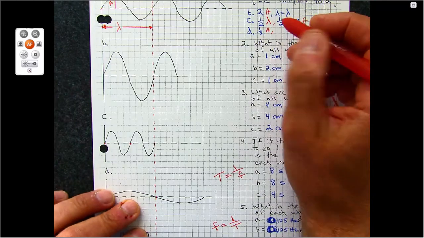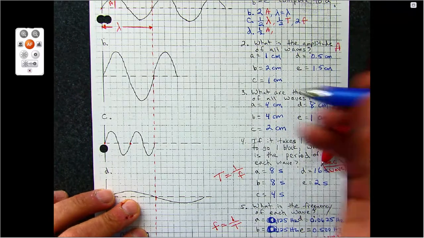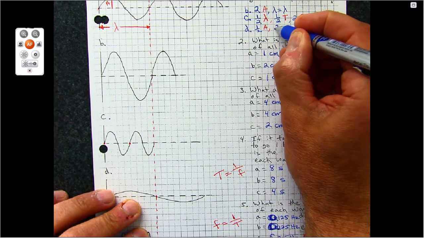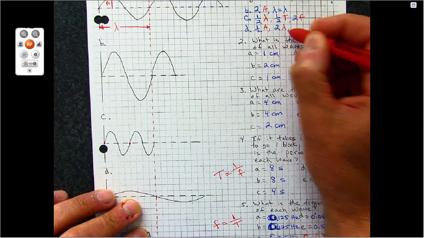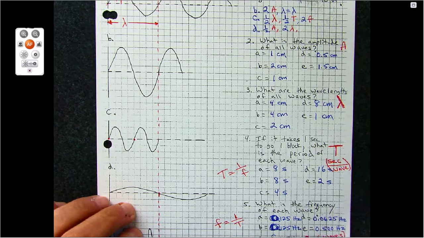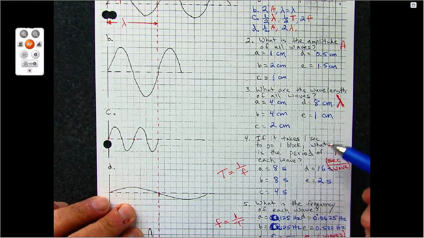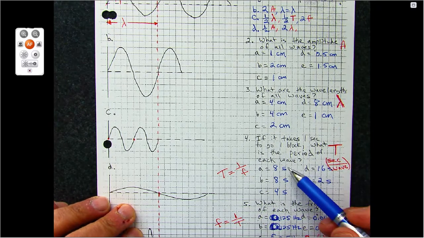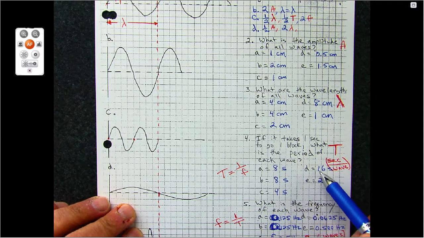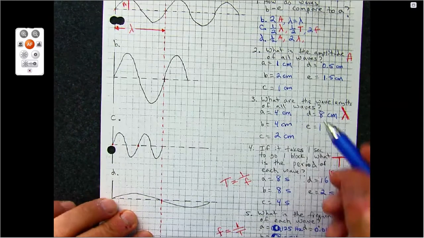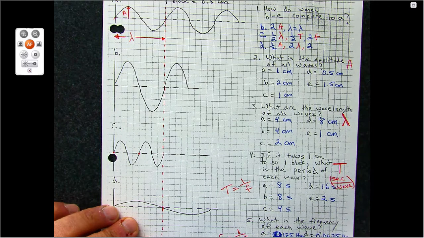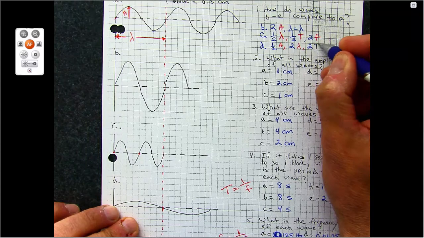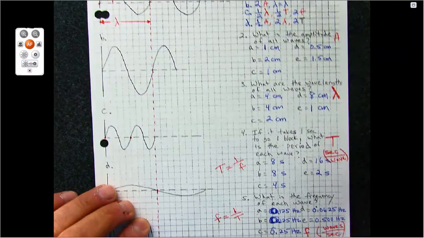We have double the wavelength. Then we have double the period. We have double the period.